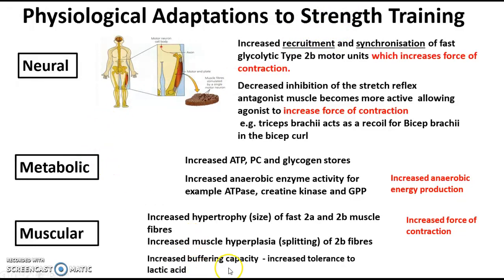It's called the buffering capacity: the increased ability to buffer, move away lactic acid. What does that mean? If you're going to describe that, there is an increased tolerance to lactic acid. It means that you can work without oxygen for longer. And to sum that up, it means that you have an increased anaerobic threshold.